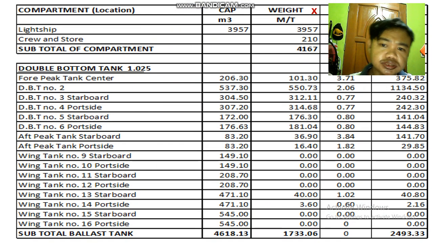Since it includes the light ship displacement and light ship VCG, we should also include the weights of the ballast tanks, freshwater tanks, and all the tanks that we are using on board.